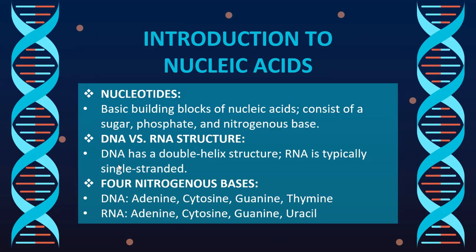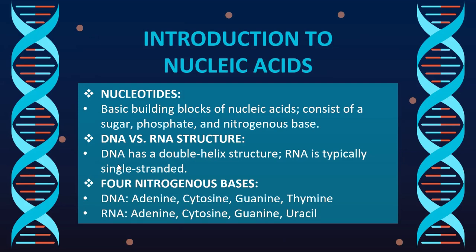We know that the building blocks of nucleic acids are nucleotides. A nucleotide consists of a sugar, either deoxyribose or ribose, a phosphate, and a nitrogenous base. For structure, DNA has the double helix that was discussed during the introduction of our topic, while RNA is single stranded.